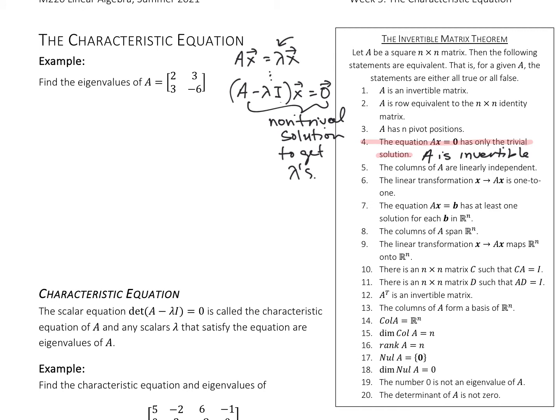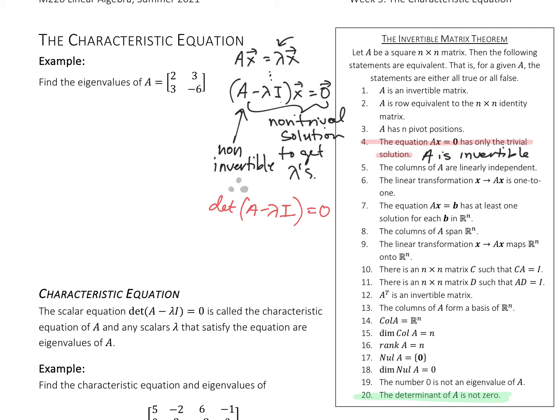Therefore, this thing needs to be non-invertible. And what we just added to our information down here is that the determinant of A is not 0 if A is invertible. Therefore, the determinant of A minus alpha I needs to equal 0. So if it's not invertible, it needs to equal 0, and then we can get our alphas.